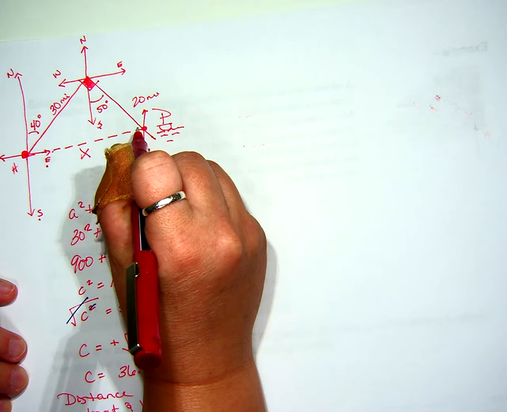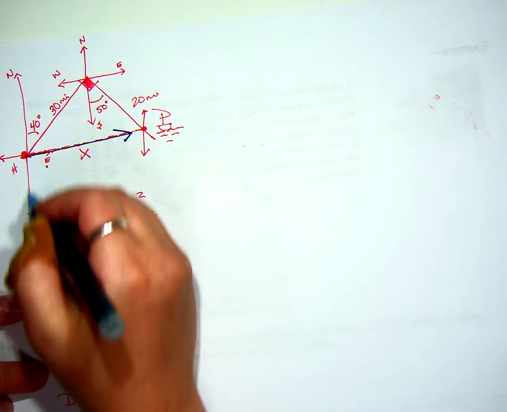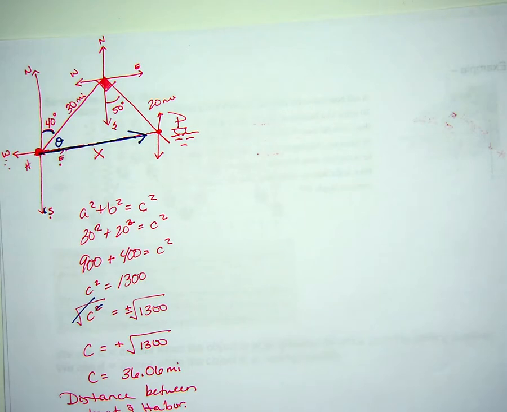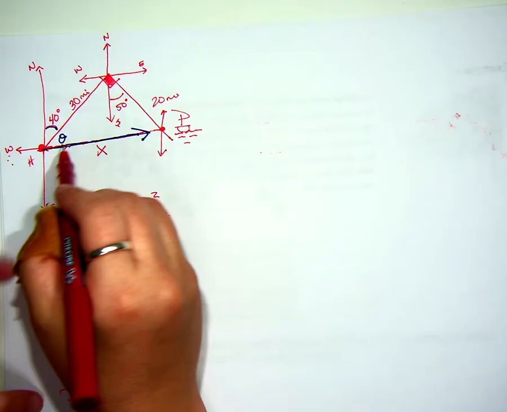The bearing of the boat would be from your ray to the north-south line. Well, my north-south line is here. My ray is here. So I know 40 degrees is here, but I do not know the rest of this angle here. All right. Well, I know, however, that I am traveling northeast.